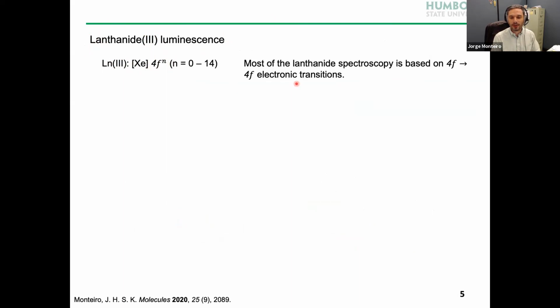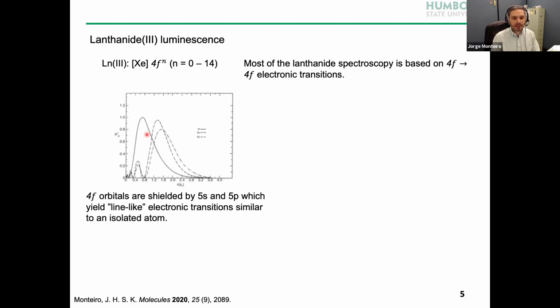Therefore, we may have electronic transitions within the 4f shell. Because the 4f shell is shielded by 4s and 4p orbitals, there is very low influence of the environment, and we are going to get a line-like emission and excitation spectra that resembles an isolated atom.